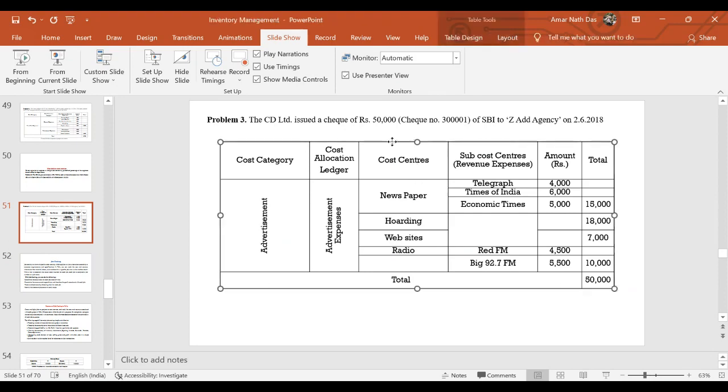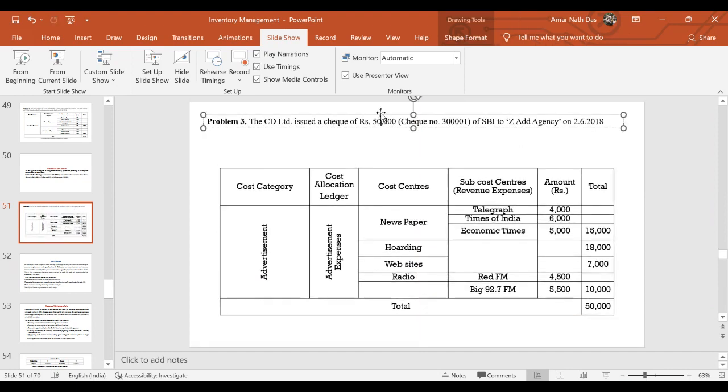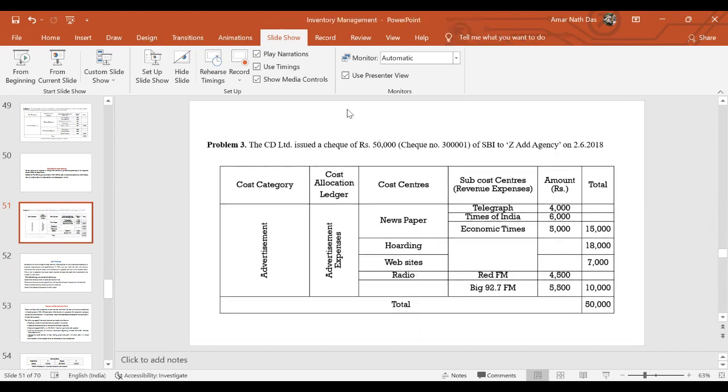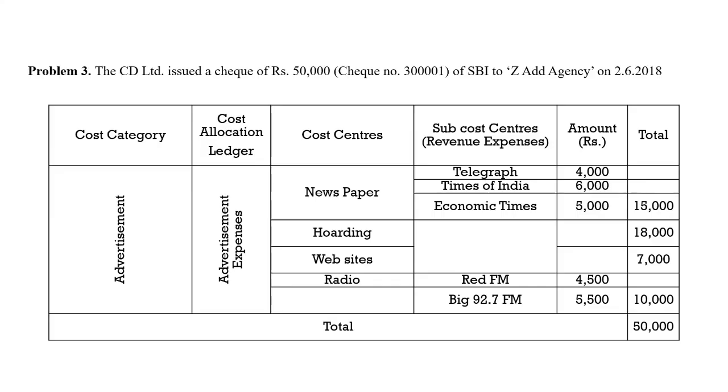First of all, before getting started, I would like to explain the question problem first. That is the last problem, comprehensive problem for cost center and cost category. Just a minute.